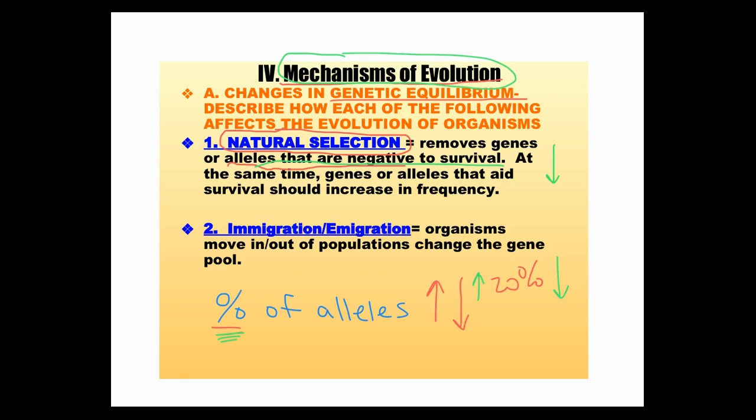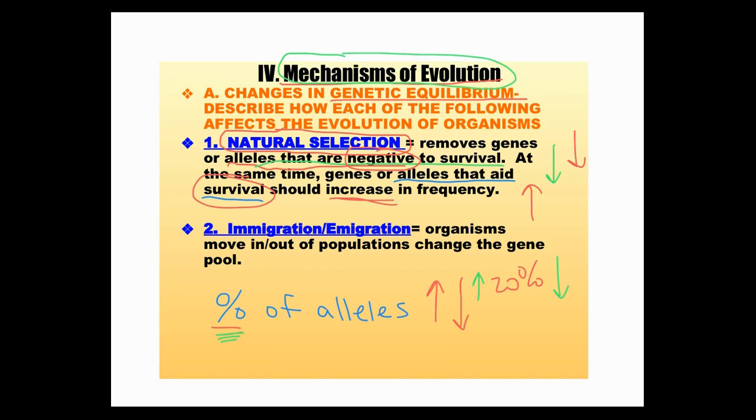At the same time, alleles that aid survival, which makes it more likely that you're going to survive, should increase in frequency. So their percentage should go up if they are good for survival and reproducing. If they're negative to survival, those alleles should go down.